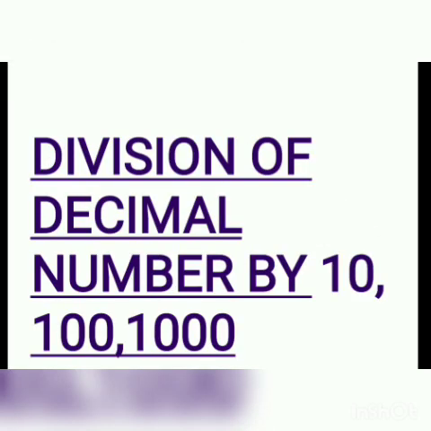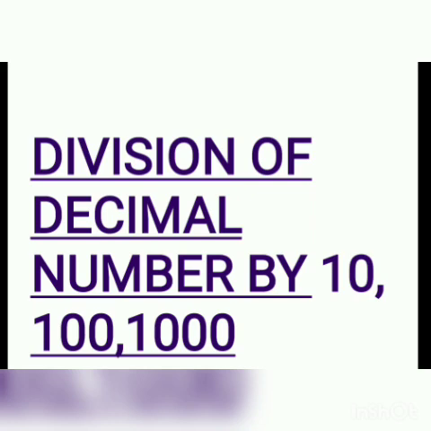Next, division of decimal number by 10, 100 and 1000. So we discussed what happens when we multiply a decimal number with 10, 100 and 1000. What happens when we divide a decimal number by 10, 100 and 1000? In multiplication we see that the decimal point shifts to the right.